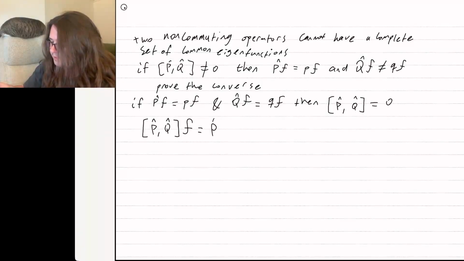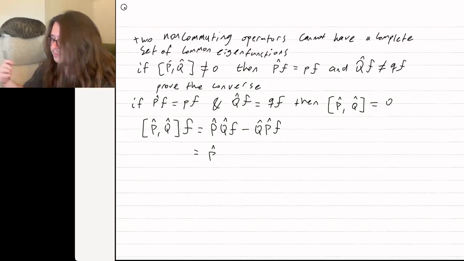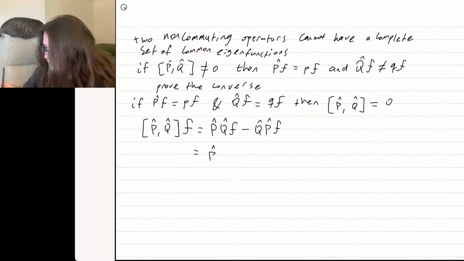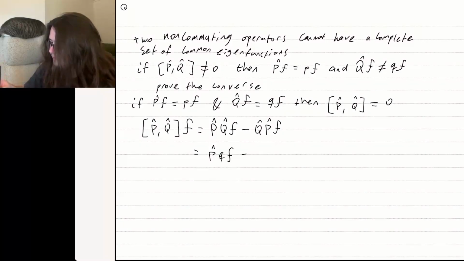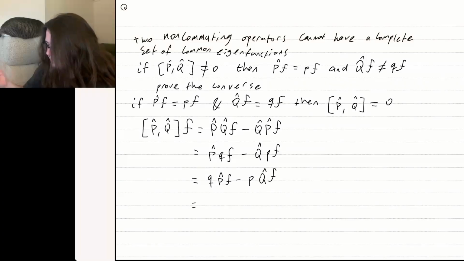By the definition of a commutator, this will be operator P, operator Q times F minus operator Q, operator P times F. If you evaluate both of these by their eigenvalue equations, this is little q on F minus Q acting on little p F. You can move the eigenvalues around since they are just constants, and then act the operators on them again. So that's Q little p F minus P little q F.